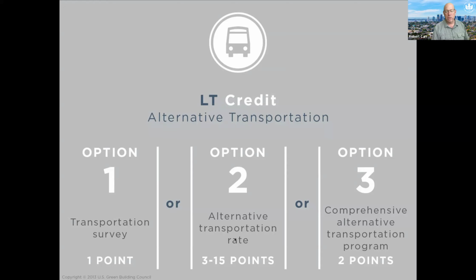And then the next option, which is really where all the points are, is that if you do a transportation survey, you then analyze the data and find out the rate of people who are not using single occupancy vehicles. And if you don't do that, you can choose to do a comprehensive alternative transportation program, and the reference manual covers that as well.